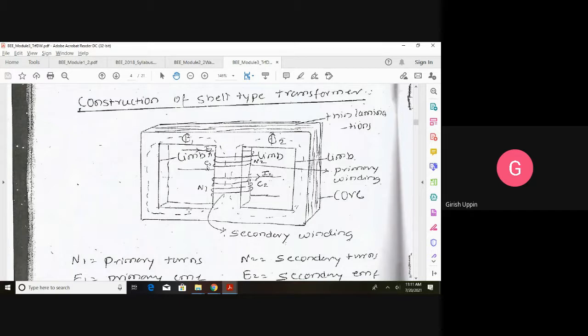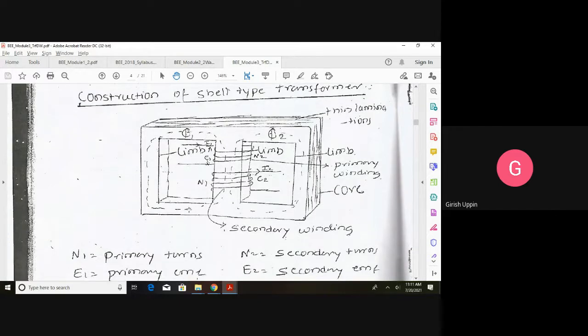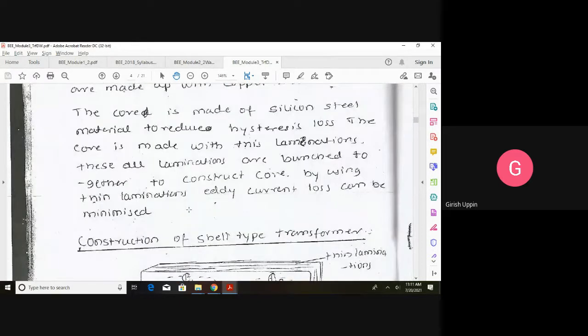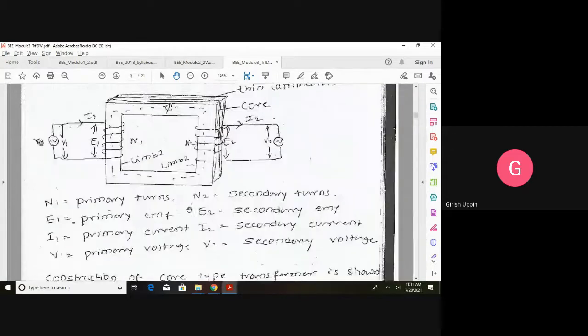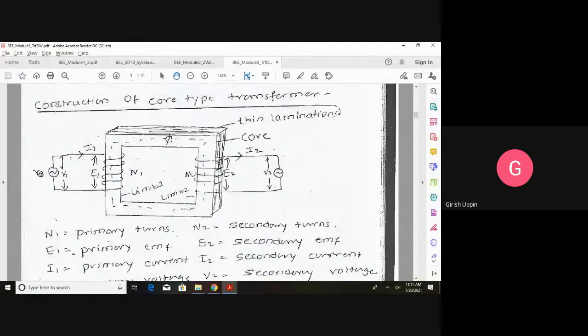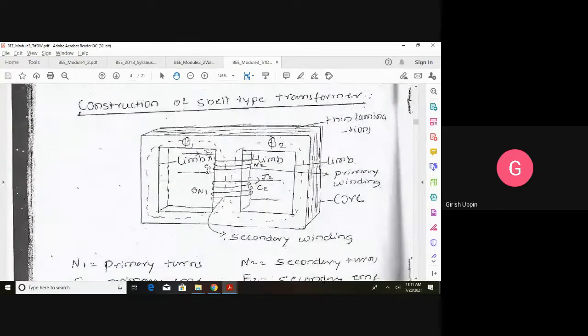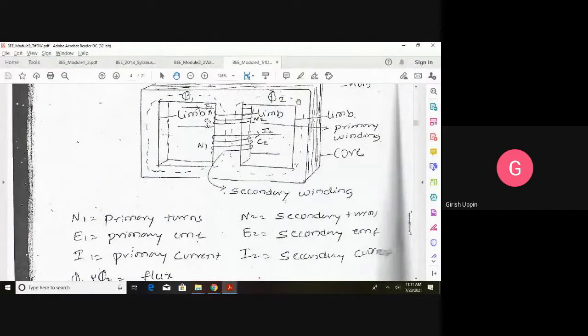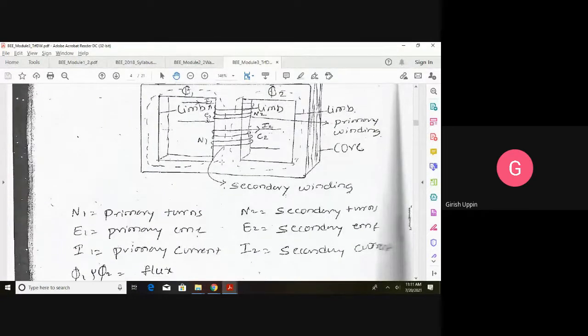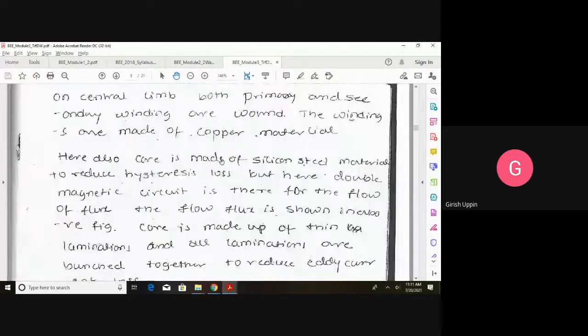And in case of a core type, the winding surrounds the core. So we have windings on both the sides, so it will surround the core. In case of a shell type, the core will surround the winding. So you can see the core is surrounding the winding. That is some of the comparisons between the two.